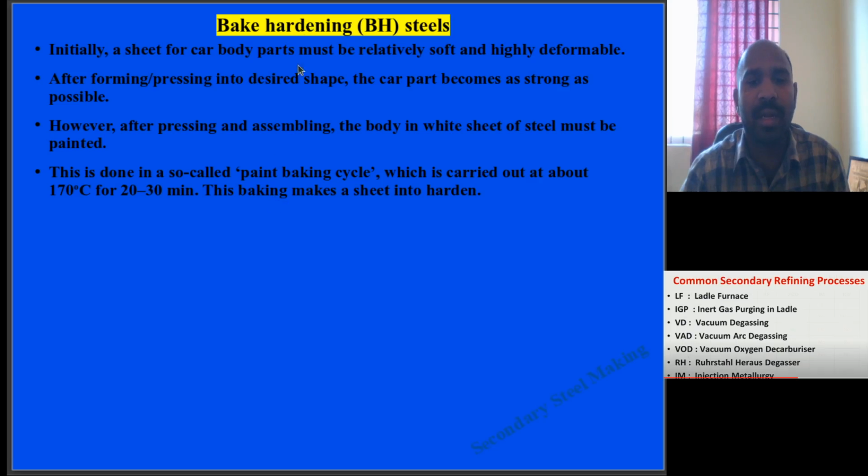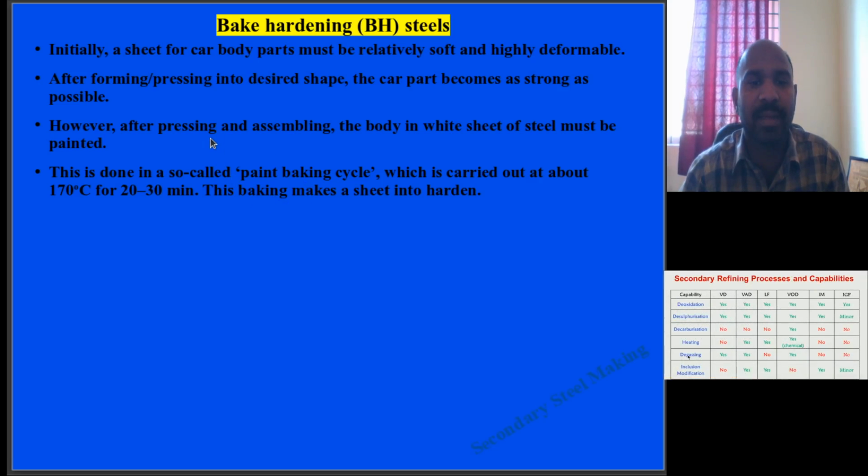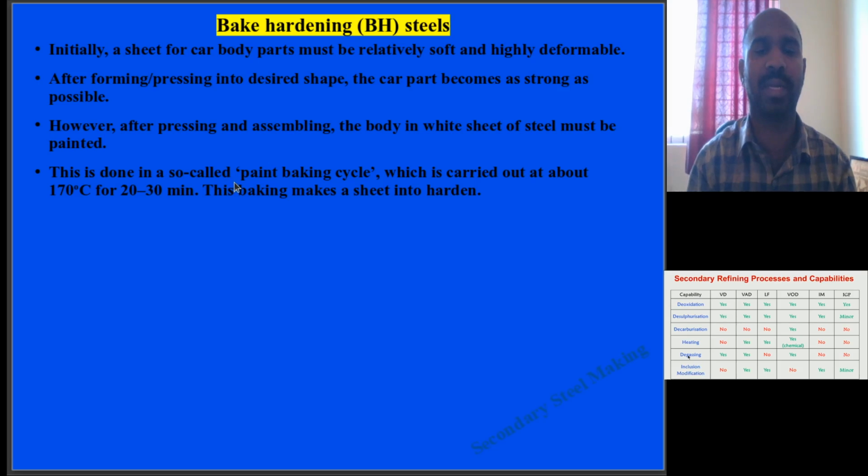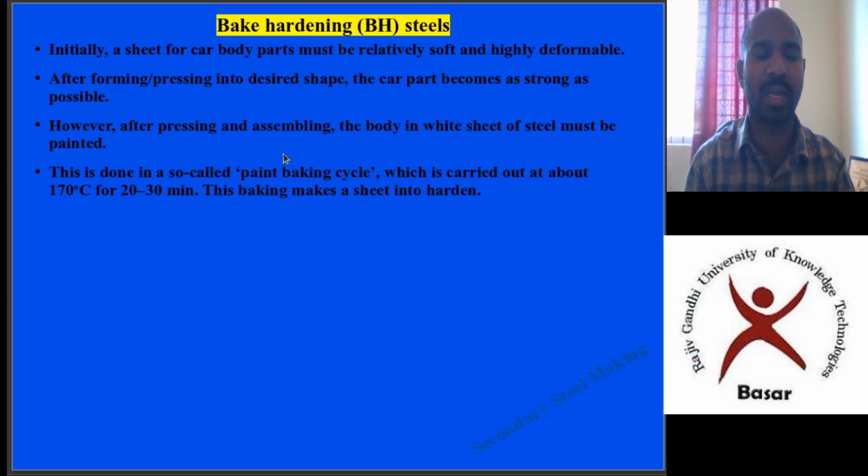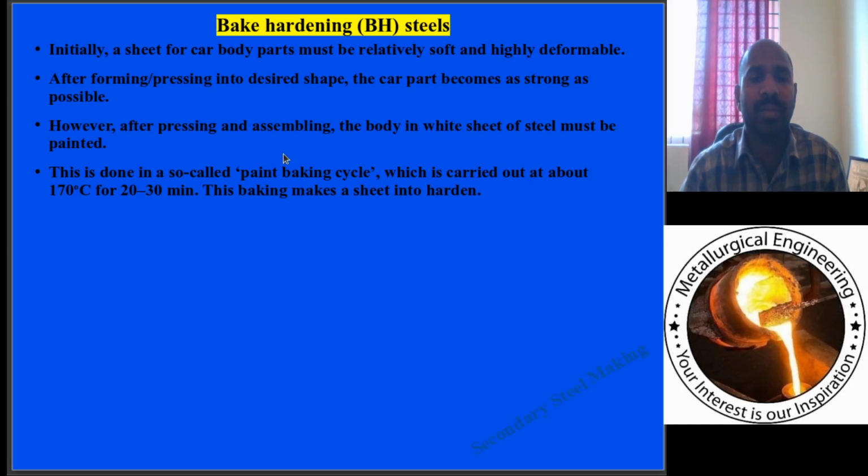Because of this baking, some of the retained austenite is converting into martensite. The surface of that particular sheet becomes hardened during the subsequent application. And even for environmental conditions, nature also solves this kind of problem.